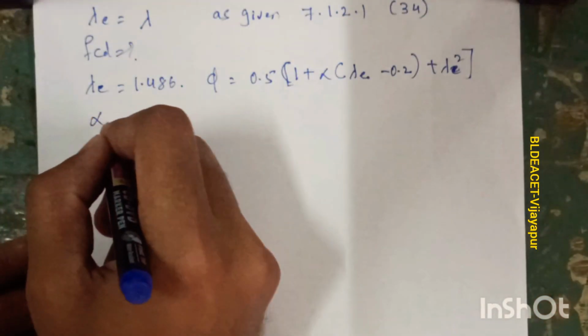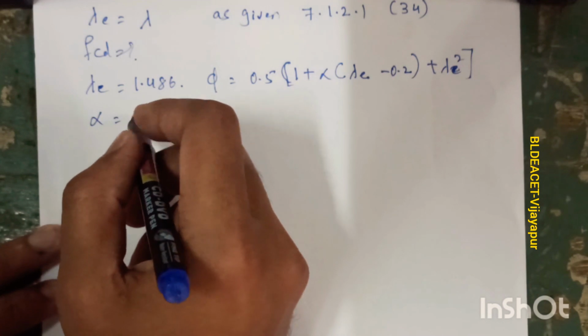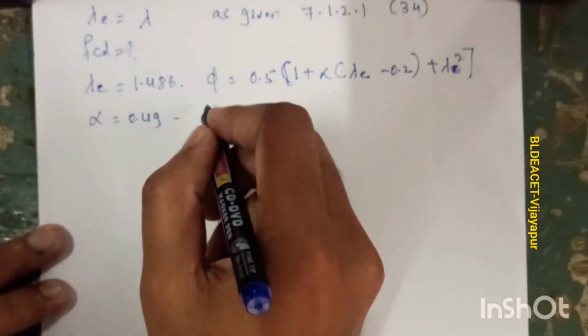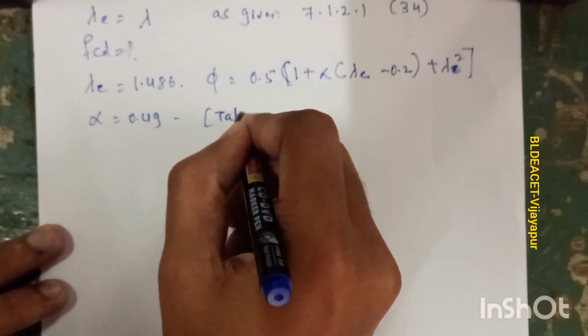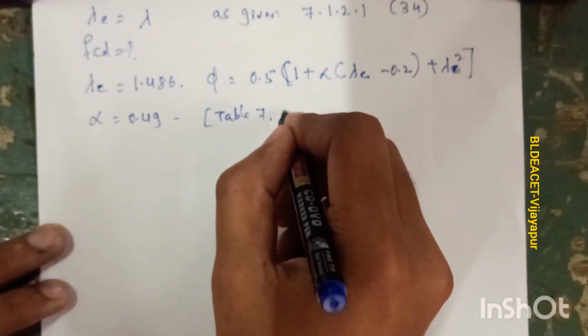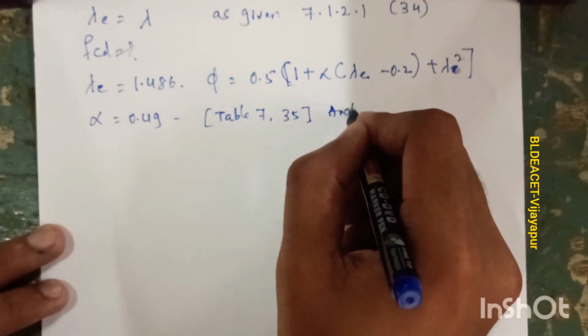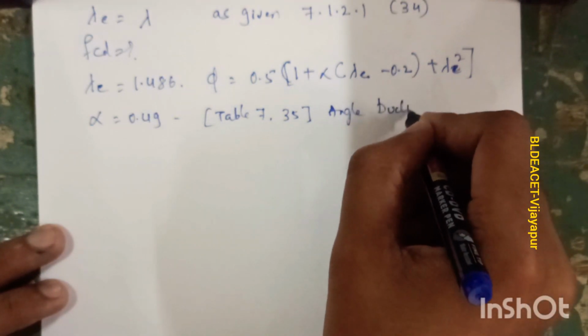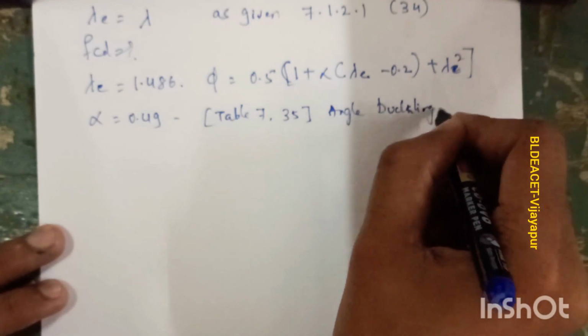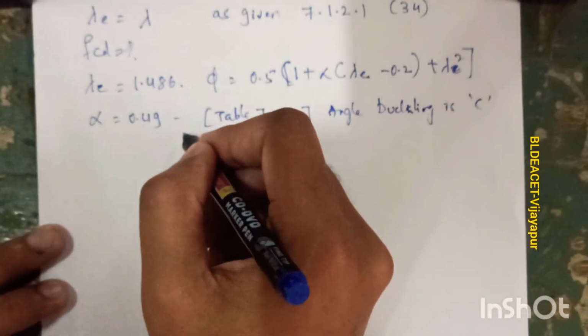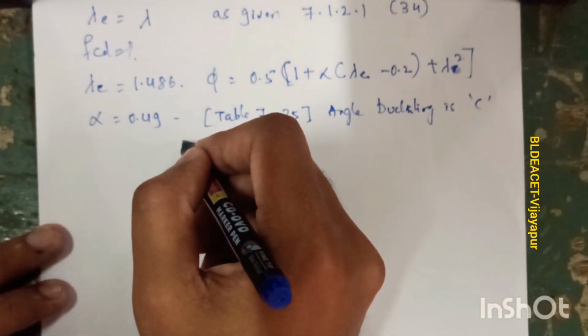Alpha depends on buckling class, which is 0.49, referring to table 7, page number 35, because angle buckling class is always C. So alpha will be 0.49.